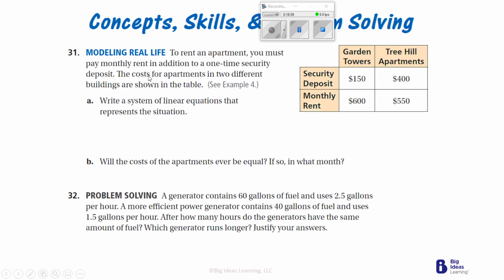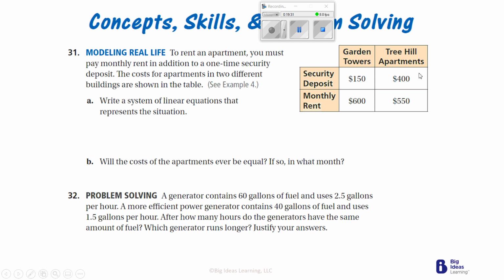31 says, to rent an apartment, you must pay monthly rent in addition to a one-time security deposit. The cost for apartments in 2 different buildings are shown on the table. Write the system of linear equations that represents the situation. Well, if we write this, the security deposit, that's my starting point, 150, and then I'll be going up 600 and over 1 for 1 month.